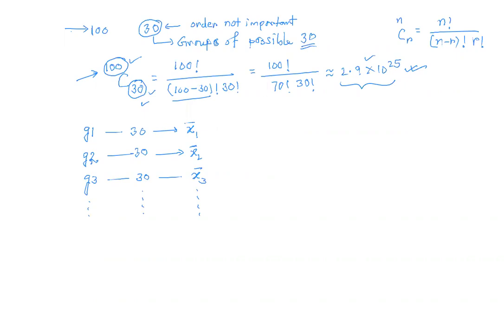And my last group is going to be group 2.9 times 10 to the power 25. The last group will also have 30 people in it, and that will have a mean as well, X sub 2.9 times 10 to the power 25. It's not 24, 25. Okay.